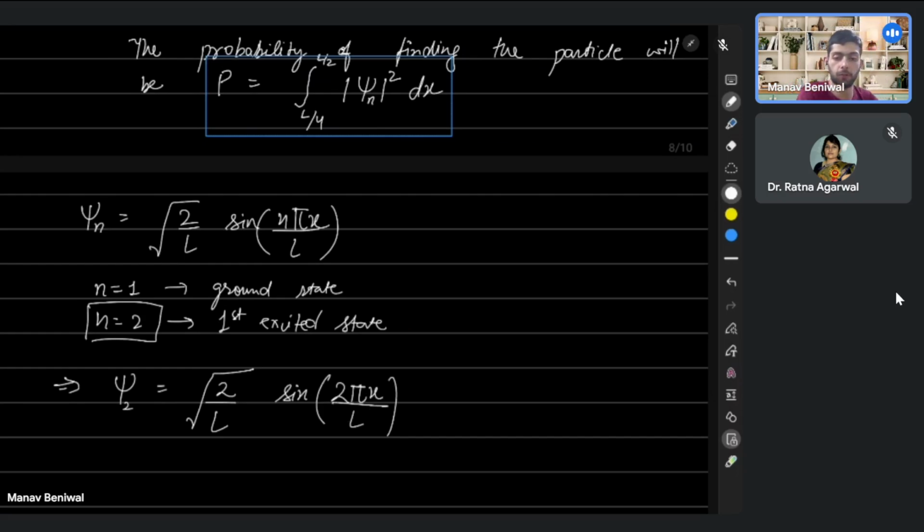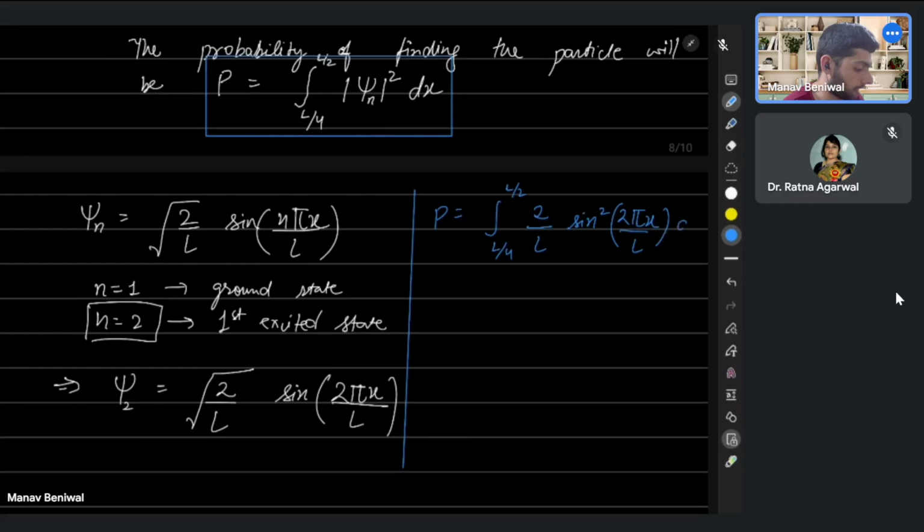Okay, now we want to get to the probability. Let me write here. So we can write P as the integral from L by 4 to L by 2, and what will psi square give us? Psi square will give us 2 by L sine squared 2 pi x by L dx. Okay, so this is the integral. Good.